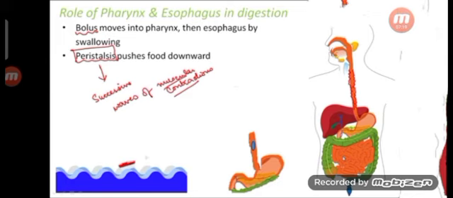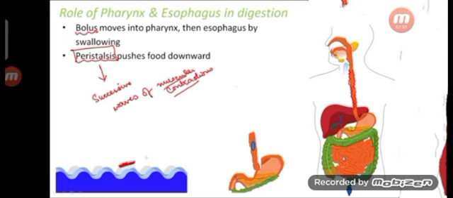These muscles help push the food downward to the stomach, and these waves are specifically known as peristalsis.